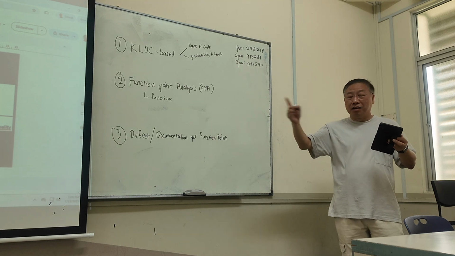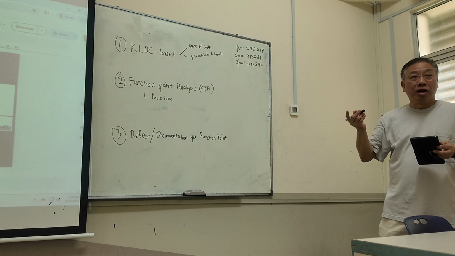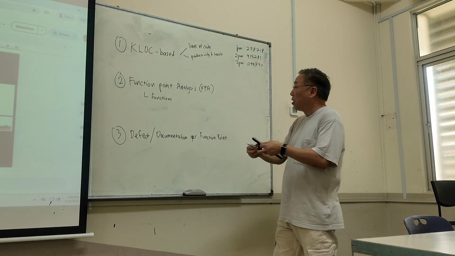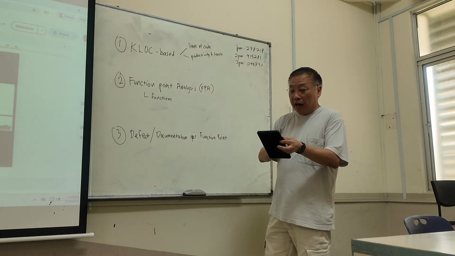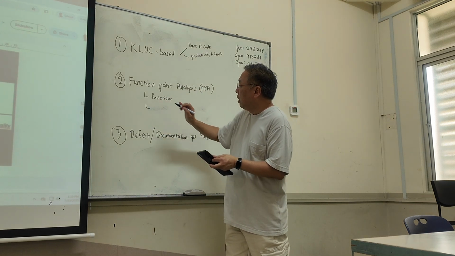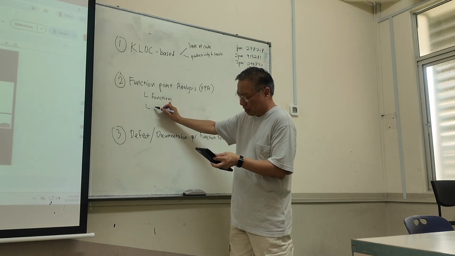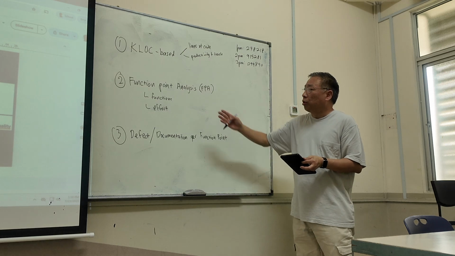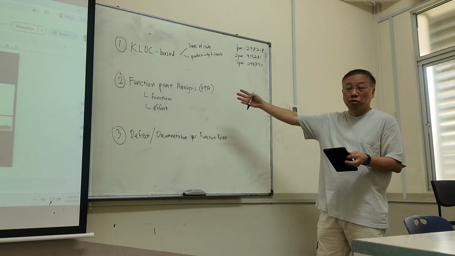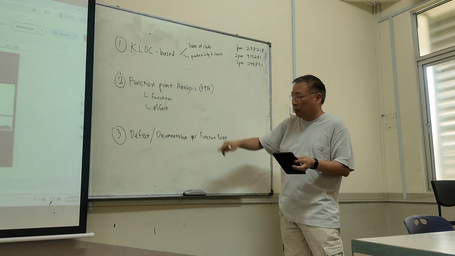So it's very detailed. I'll show you an example of how to calculate that. Basically you look at your functionality, and this gives you a feel of how much effort you need to do your system.